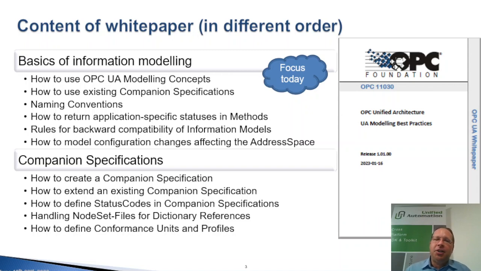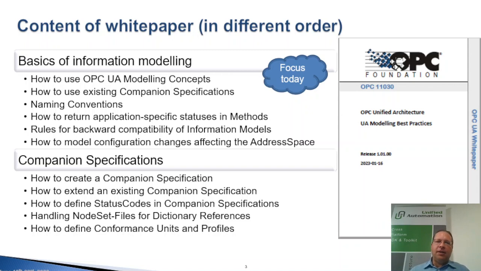The content is actually ordered a little bit differently than in the white paper. There are things about the basics of OPC UA information modeling and then specifics for how to create and manage companion specifications. I will focus today on the information modeling basics.